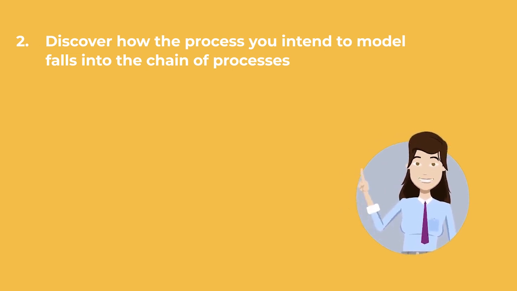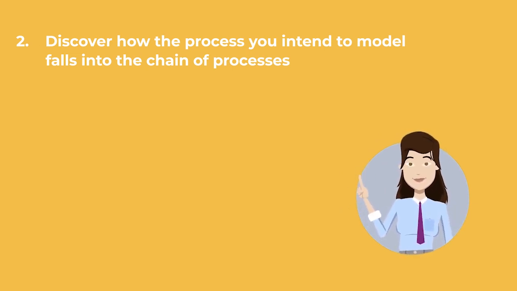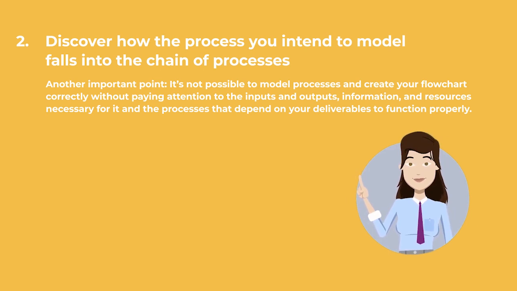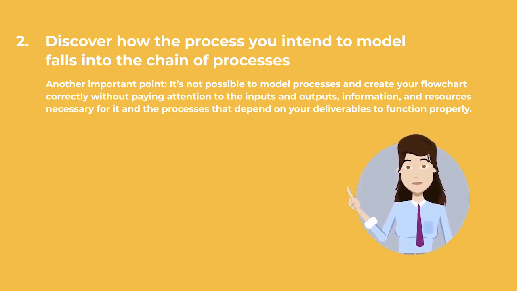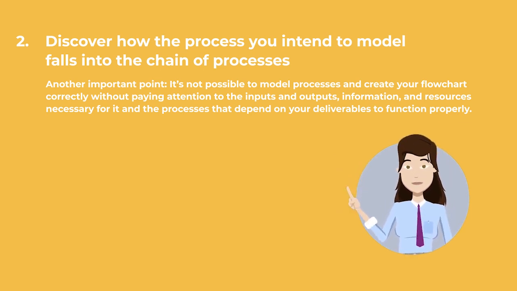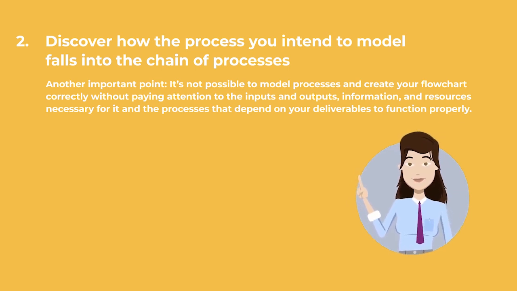Point 2. Discover how the process you intend to model falls into the chain of processes. It's not possible to model a process and create your flow chart correctly without paying attention to the inputs and outputs, information, and resources necessary for it, and the processes that depend on your deliverables to function properly.